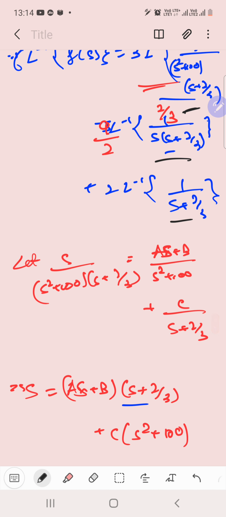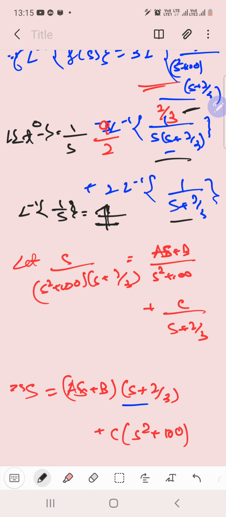So basically, Laplace inverse of 1 over s will be 1, because the Laplace of t to the power 0 is basically 1 over s. Clear?